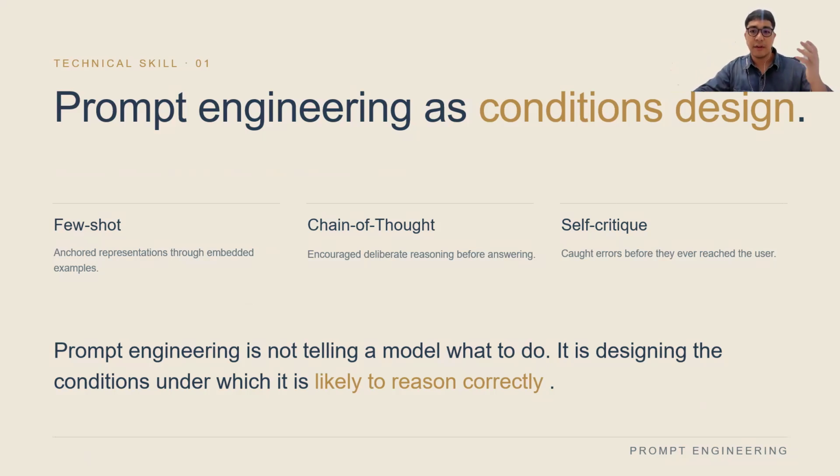In this case, few-shot anchored representations, chain of thought encouraged deliberate reasoning, and self-critique caught errors before they even reached the user. Even the combination of different techniques such as chain of thought and few-shot learning allowed models to mimic human-like reasoning. To us, this is useful when giving instructions to models on how to evaluate math word problems as teachers.